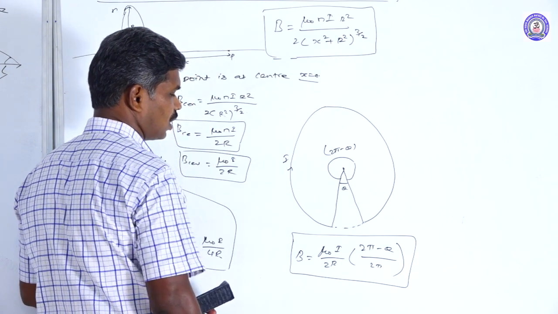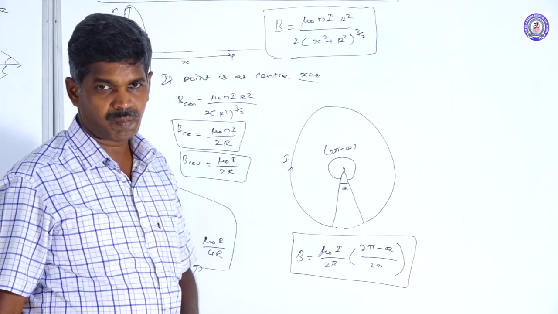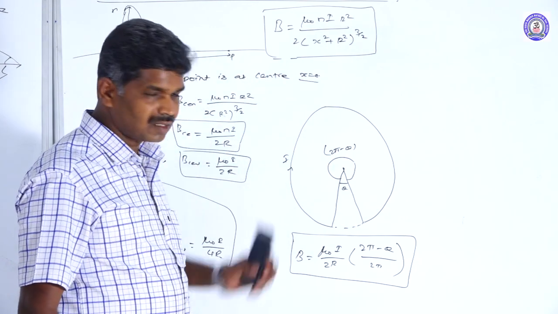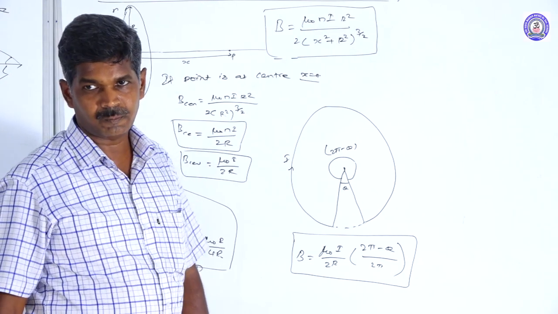There B is equal to mu naught I by 2r of the part of the angle we have, that is 2 pi minus theta divided by 2 pi, the total angle. This is the formula for the coil shape where some part is removed and only the remaining part is a conductor.